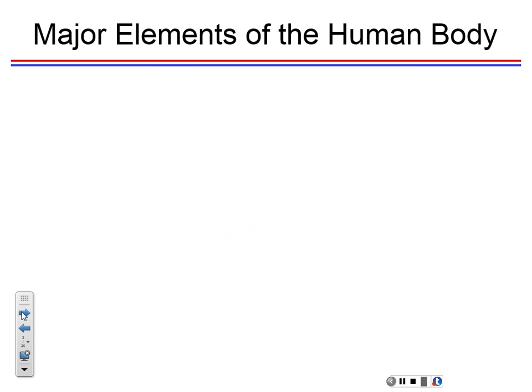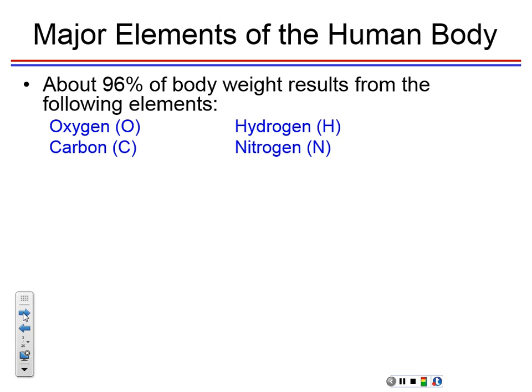So most of the elements that make up the body are made up of the 4 organic compounds we talked about, which would be the nitrogen, the oxygen, the hydrogen, and the carbon. All right, so 96% of the body is all those elements. Okay, and these make up the organic compounds.